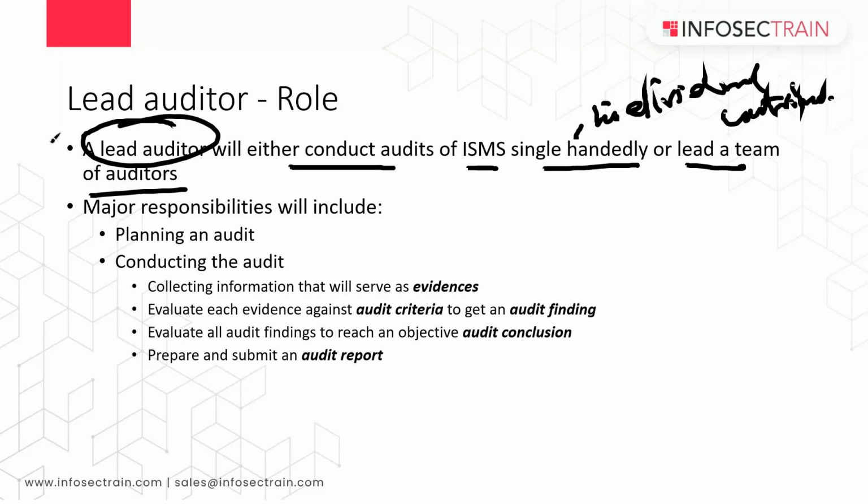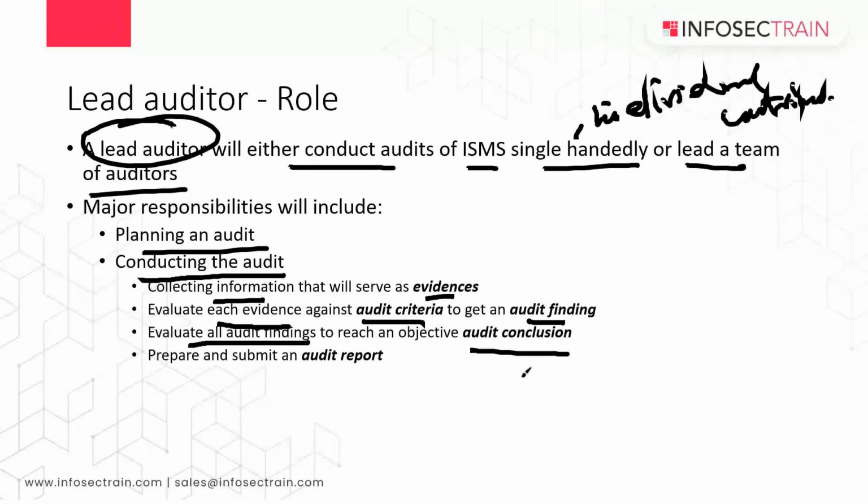So the major responsibilities of a lead auditor will include planning an audit to start with, then conducting the audit. And conducting the audit will include collecting the information which will serve as evidences, evaluating each evidence against audit criteria to get an audit finding, then evaluating all audit findings to reach an objective audit conclusion.